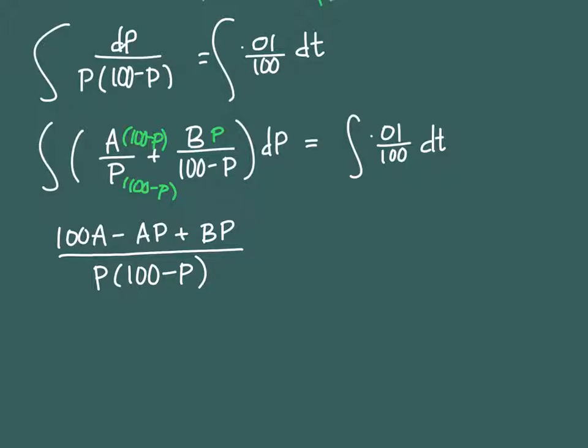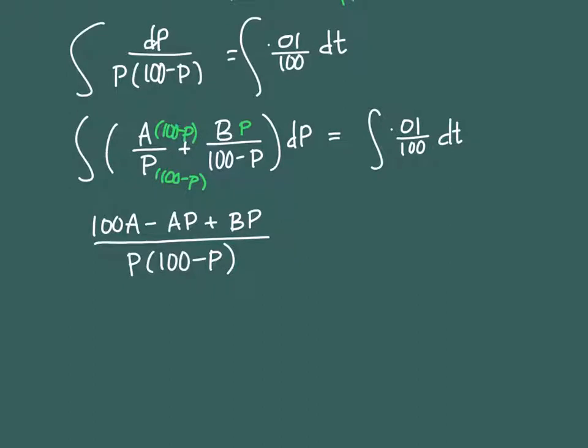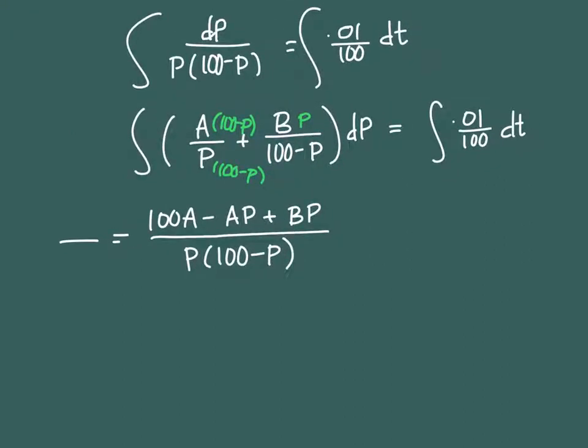And that has to be equal to the original fraction, which was 1 over P times 100 minus P. Okay, can you figure out what A is supposed to be? 1 over 100. So then what will B end up being? Okay, they'll be equal.